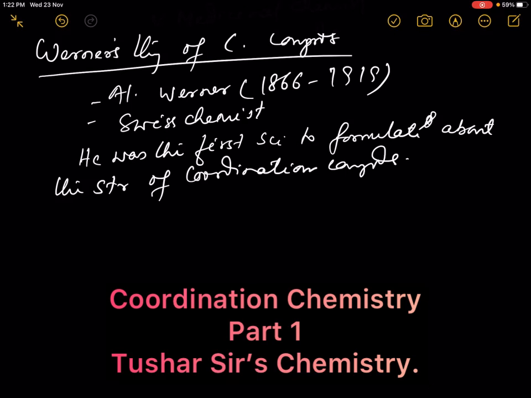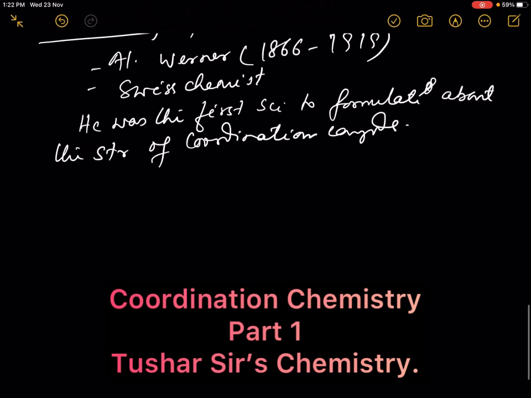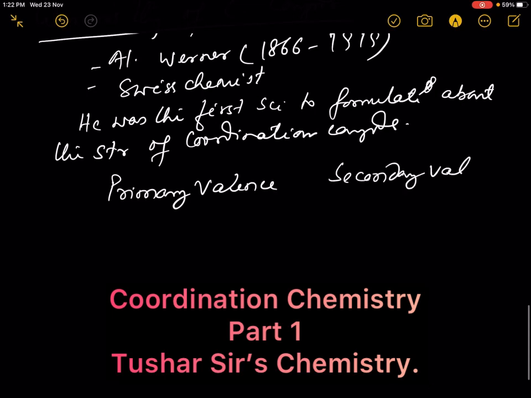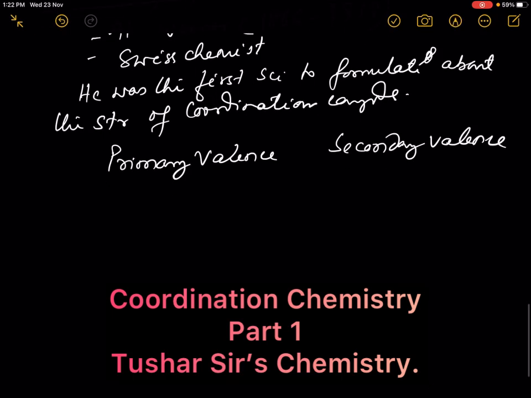Werner proposed the concept of primary valence. He introduced two types of valence, primary valence and secondary valence, for a metal ion.